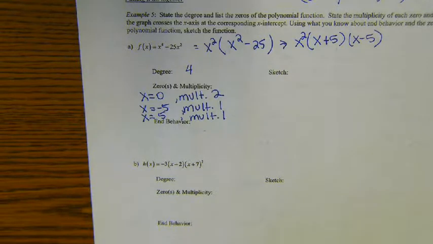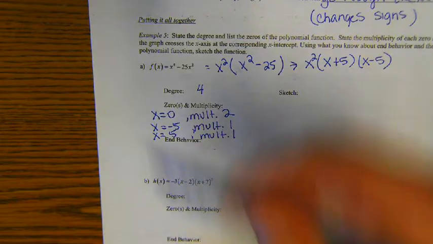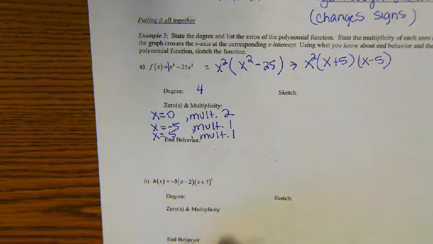So then we should address the end behavior. It's degree 4, so tell me what you remember. Degree 4 means the end behavior is both going the same way, right? Is it going to be up, up, or down, down? Up, up, because this is a leading coefficient that's positive.